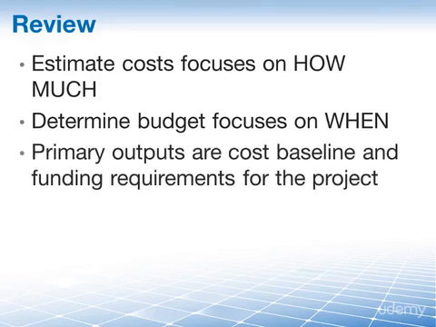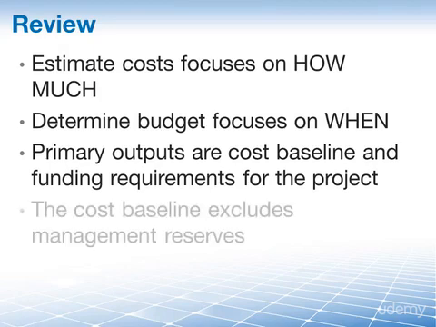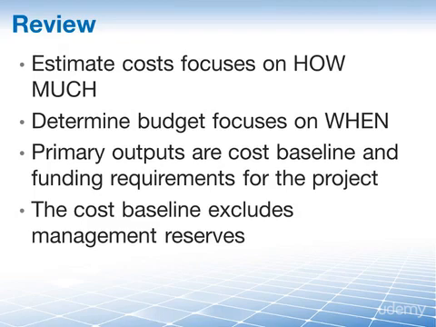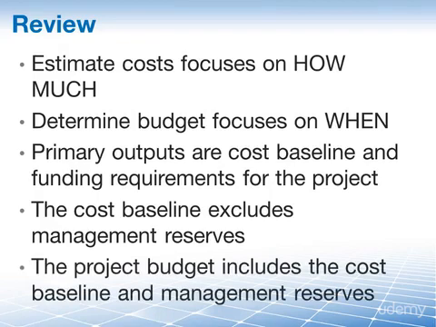Your primary output is, of course, your cost performance baseline and funding requirements for your project. You should definitely know what an S-curve is. Know that the cost baseline excludes management reserves and the project budget includes the cost baseline and management reserve.